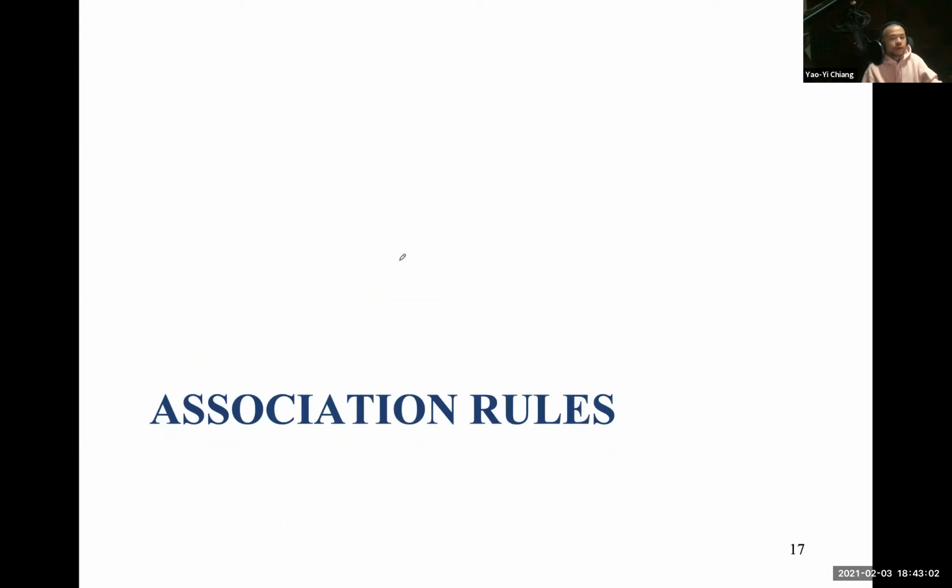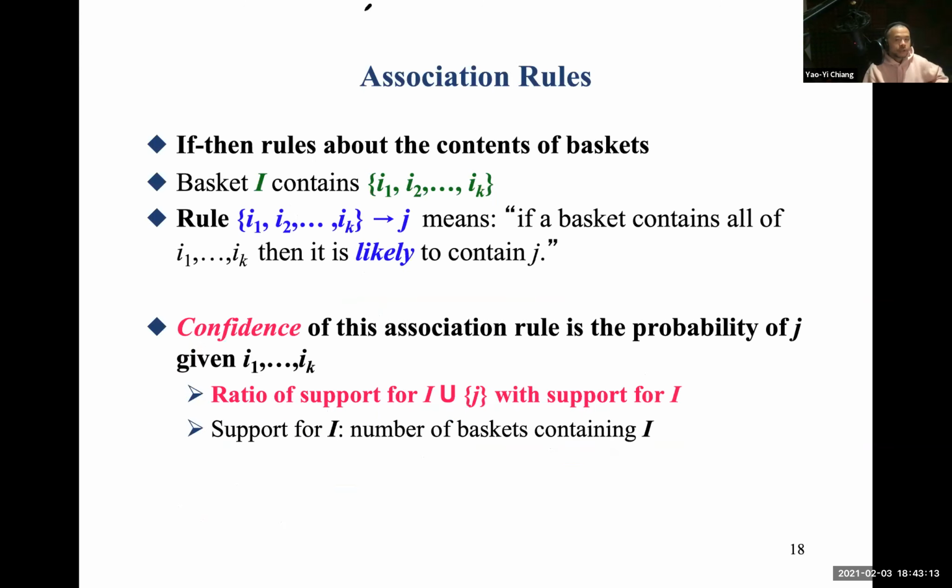From the frequent item sets, we are able to generate association rules. These association rules are actually our final output. We're not going to cover them too much, since they are not very complex, but we're going to cover algorithms to count frequent item sets.